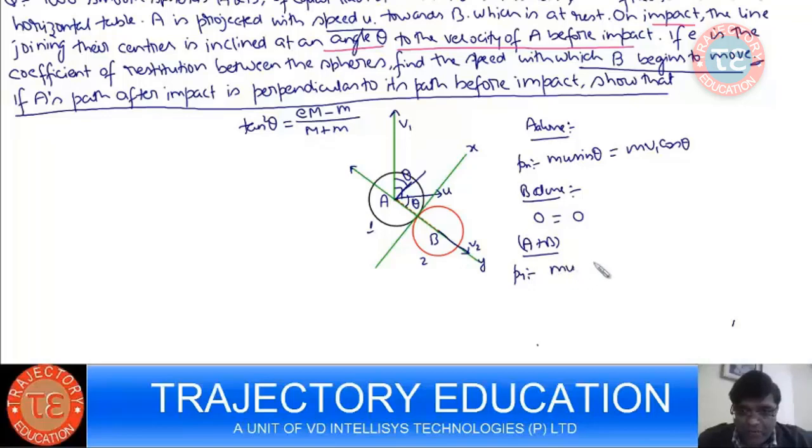Initially it was mu cos theta, and finally it will be mv1. I can write v1 sin theta, but that is in the negative y direction. So minus mv1 sin theta plus mv2, and I can get one more equation from e, that is the coefficient of restitution.